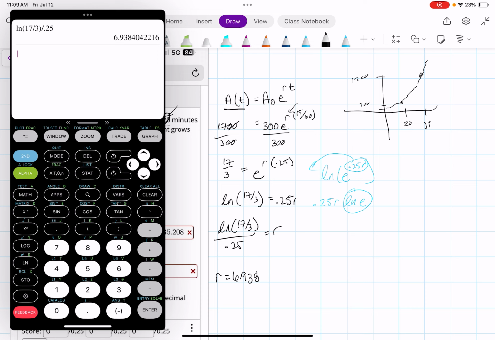Because I'm going to come back and use this quite a bit, and I want to use that exact value, I'm going to hit the STO button on my calculator, find the letter r, Alpha r, hit enter. Now every time I hit r on my calculator, it's going to use that 6.938 number. It makes rounding a little nicer as we go through the rest of the problem.